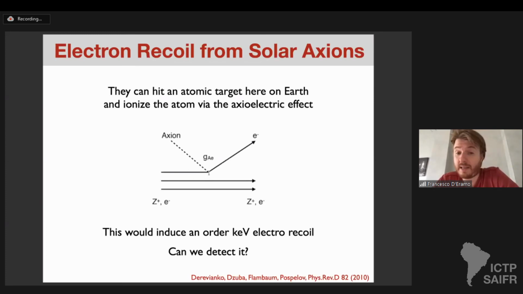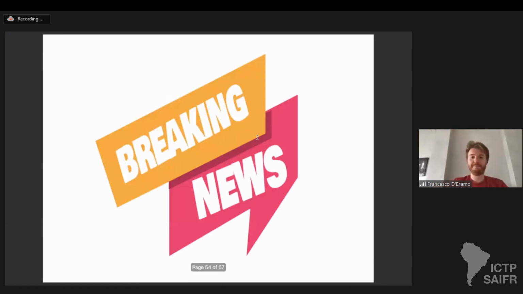The result is an electron recoil that hits your detector with a typical energy of keV, because this is the energy of the axion produced in the sun. So, can we detect this class of events?